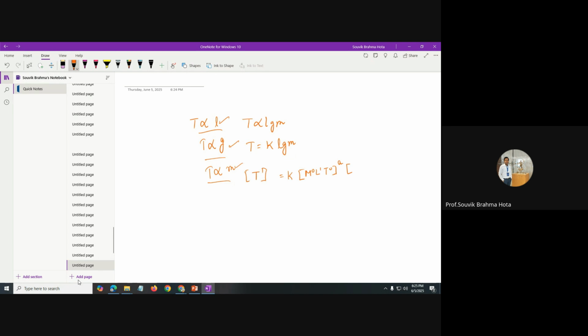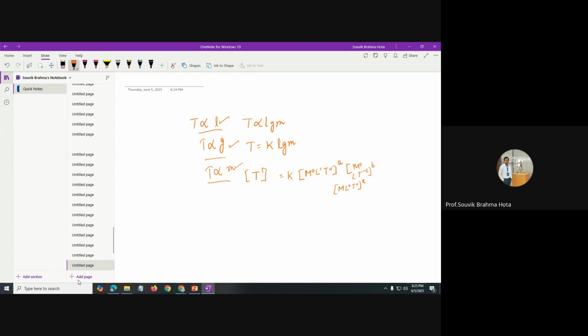Now with g, gravitational acceleration, M raised to the power 0, L T to the power minus 2, but that should have a power, that is b. We are assigning these powers, don't worry about it. And g is done. Then M is only M, L is 0, T is 0, but we should assign another power c.